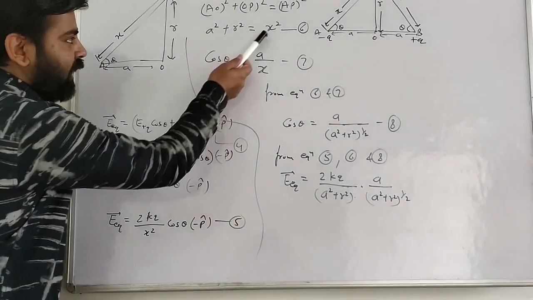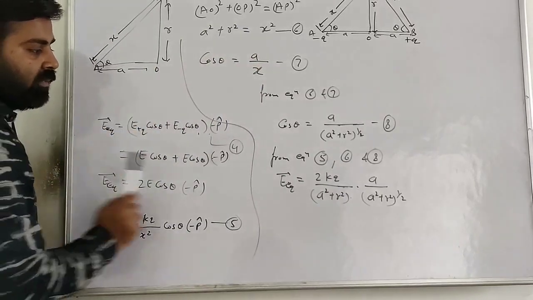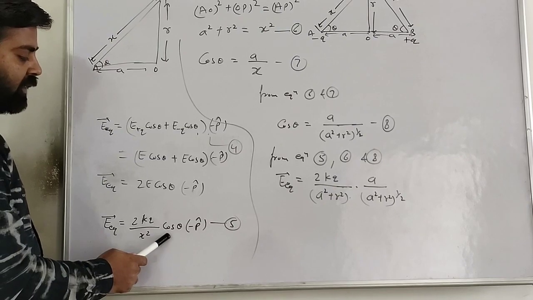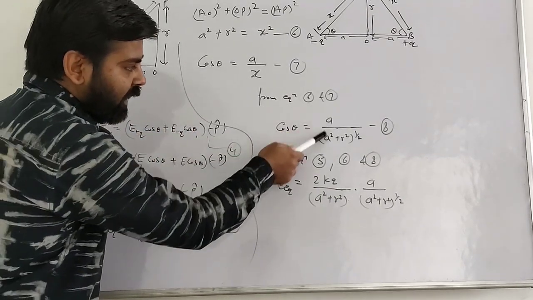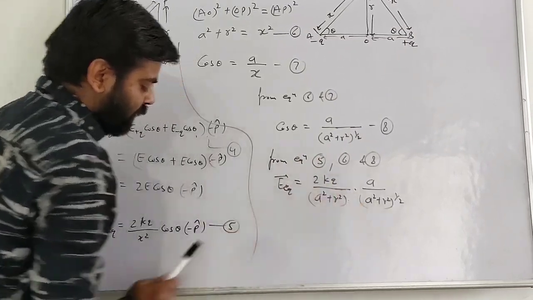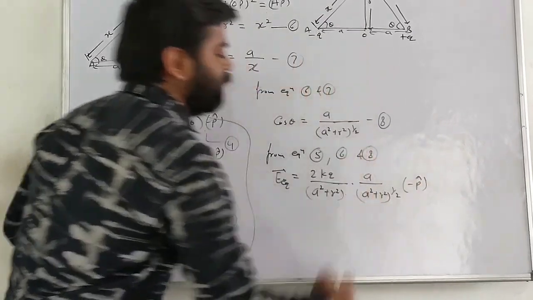We put the value of x square, which is a square plus r square, and the value of cos theta, which is a upon a square plus r square power half, and the direction is minus p cap.